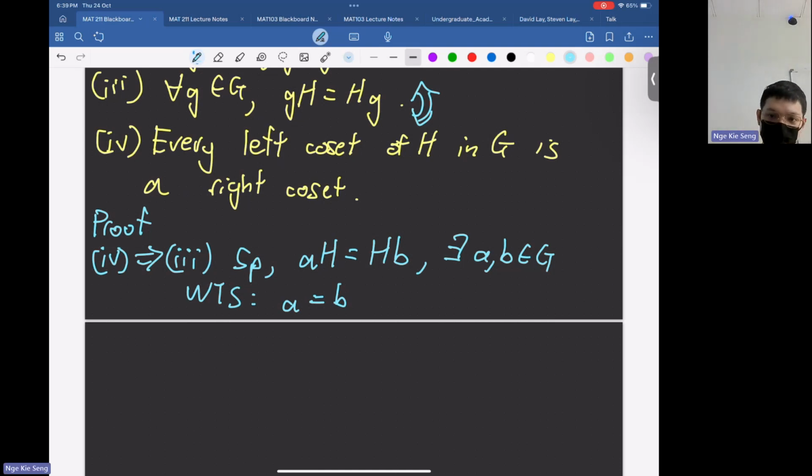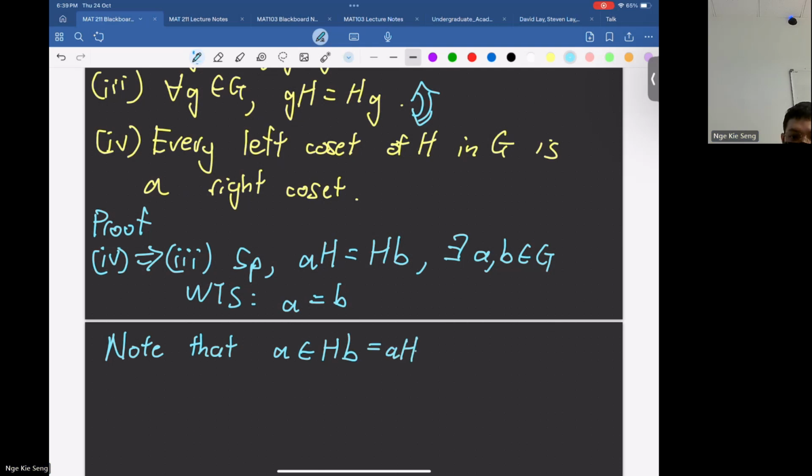So, what's the important element here to see? You can note that a is also in Hb. Why? Because we know that Hb equals aH. And why is a in aH? Since a equals a times the identity, let's put it 1 here.